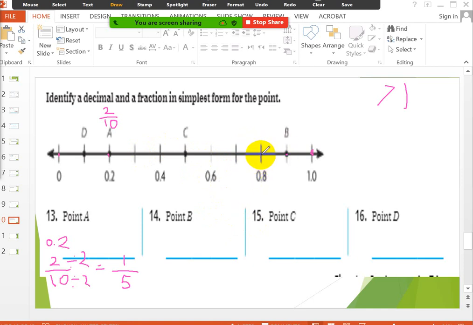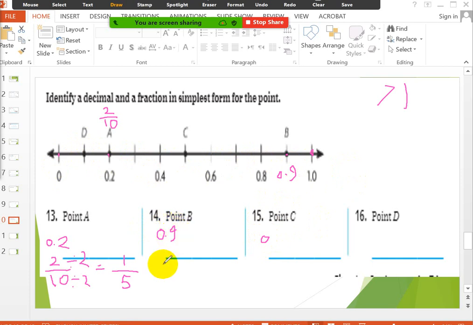After 0.8, what is it in the decimal part? It will be 0.9, right? If you count here on the number line 0.1, 2, 3, 4, 5, 6, 7, 8, so this one will be 0.9. So the decimal number at point B will be 0.9.